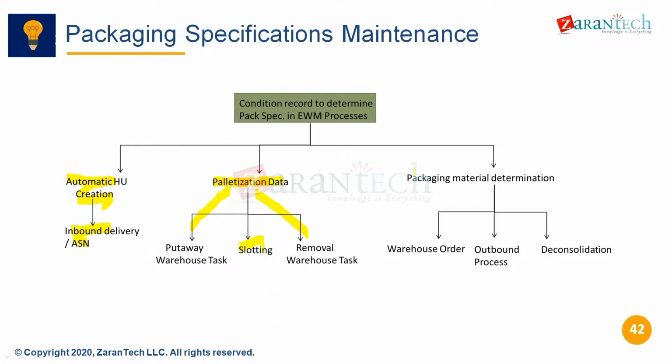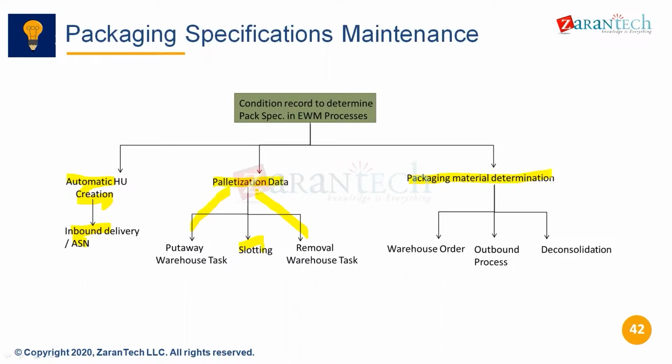Then another important application of packaging specification is packaging material determination. I'm not sure if you might have used pick HU in WM. Pick HU is a transaction where we give a rule for creating a pick handling unit, or we give a packaging material for a pick handling unit.